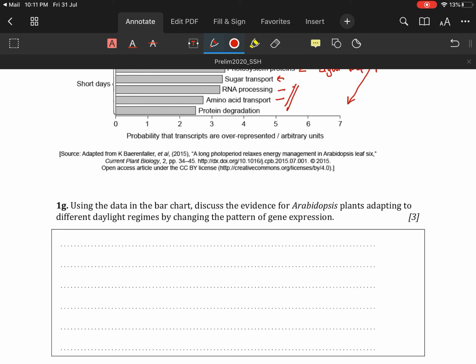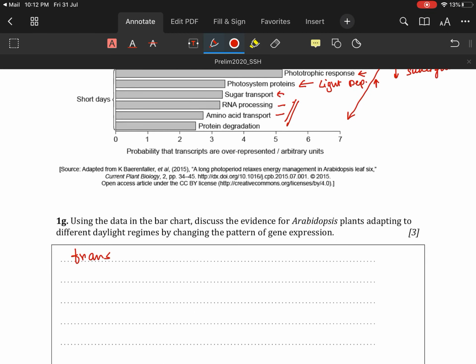All right, so you can provide any one of these examples from the bar graph given to you. First of all, we can say transcription factors. They definitely are different. You can see none of them are overlapping or the same. So transcripts differ in plant grown in long day and short day.